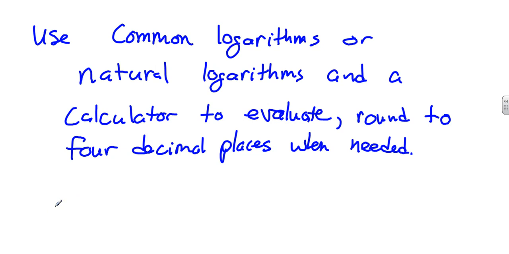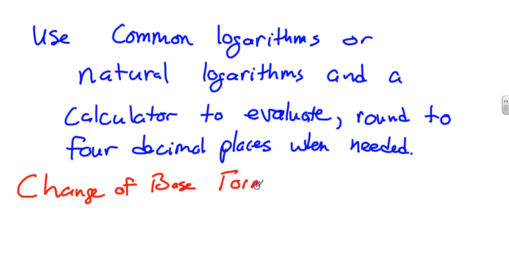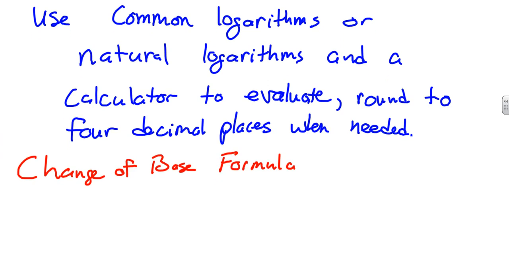Okay, so here's the one property that they have when they go through this. It's the change of base formula. So when they talk about the common logs or the natural logs, we'll go through this one.